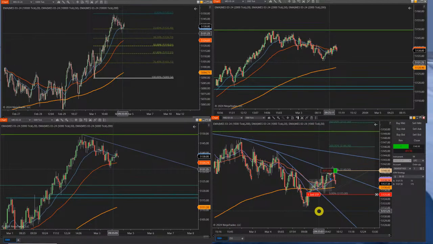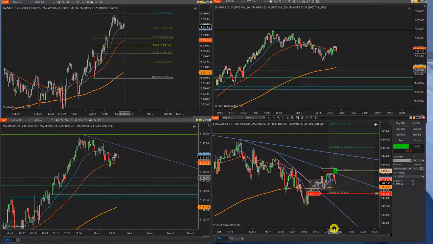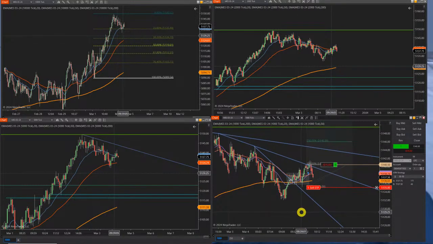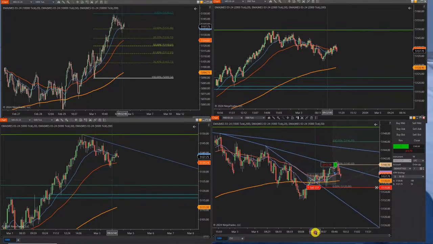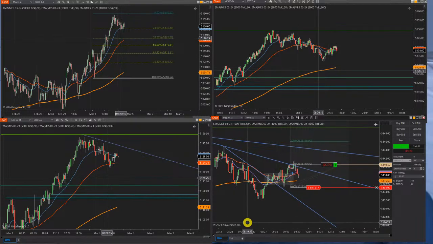Can't move your stop loss. You cannot add to losing trades. This is something we have to master and maintain. Do not move your stop loss. Do not add to a losing trade. Now, if we're going to average in our price, it has to be part of the plan from the beginning.